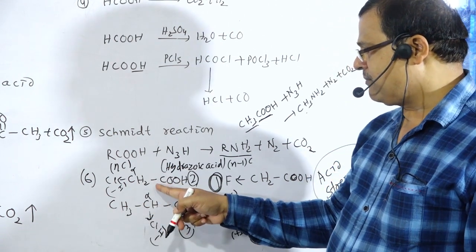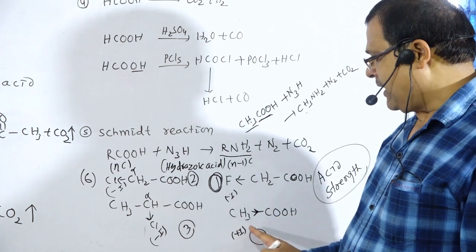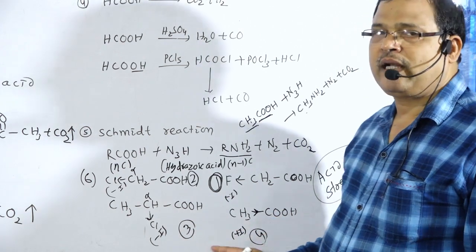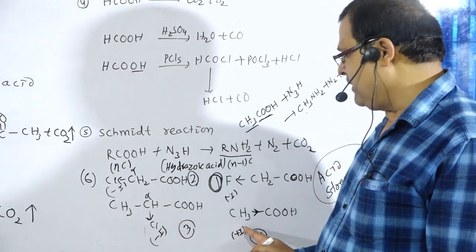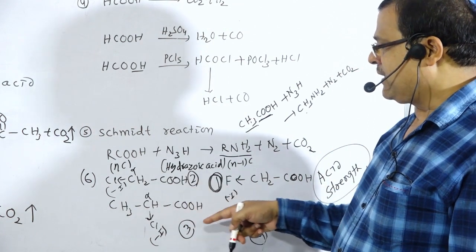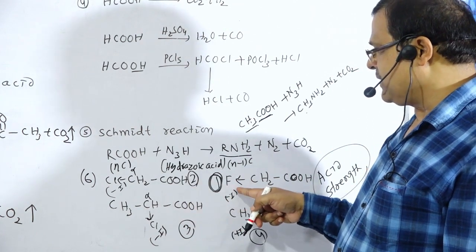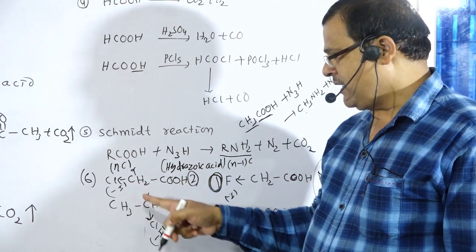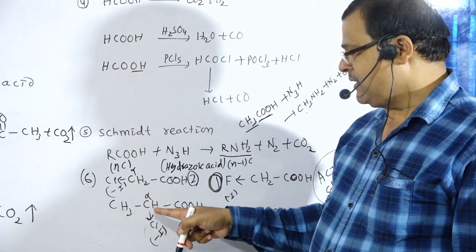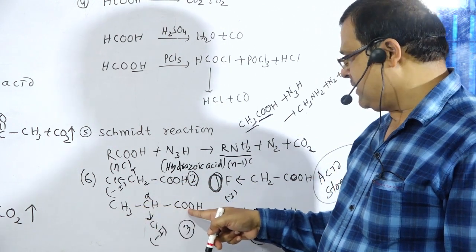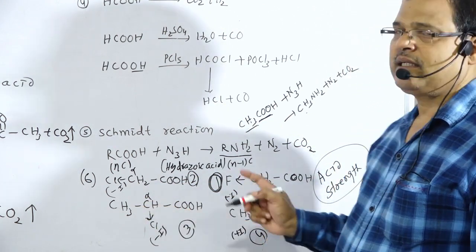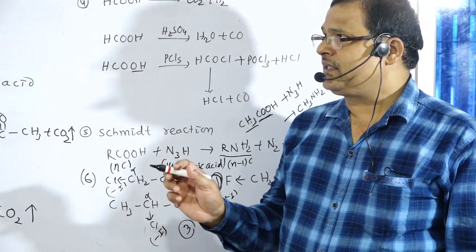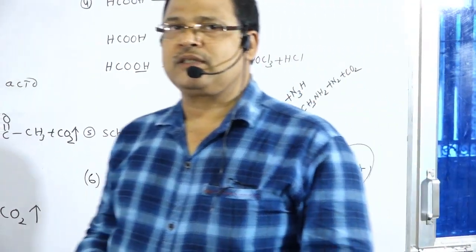So this will be second and this will be third. The presence of a plus I group decreases the acid strength of the acid. So fluoroacetic acid is greater than chloroacetic acid, which is greater than 2-chloropropanoic acid, which is greater than acetic acid. These are the different types of questions that we have discussed.